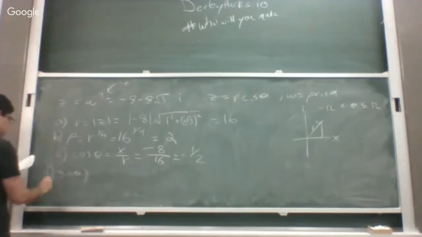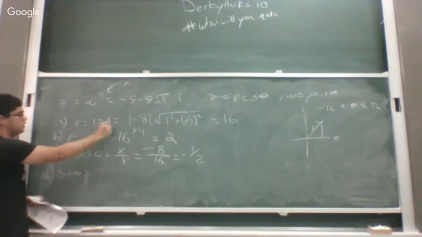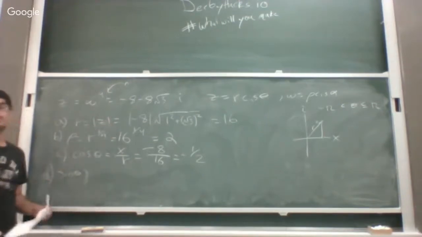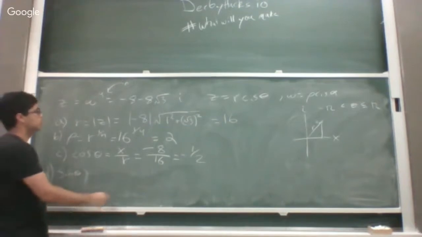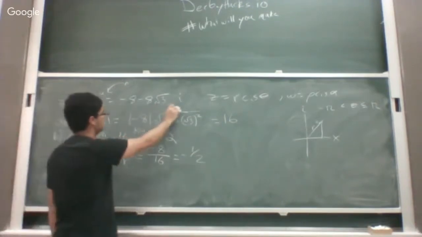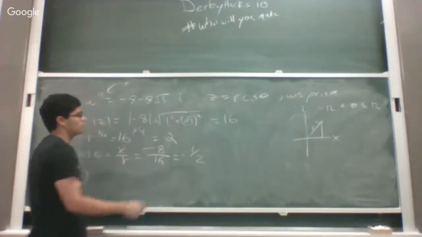Can you go over my part? That's the absolute value of z. I'm sorry, not the absolute value, the magnitude. So you can do square root of negative 8 squared plus the quantity.